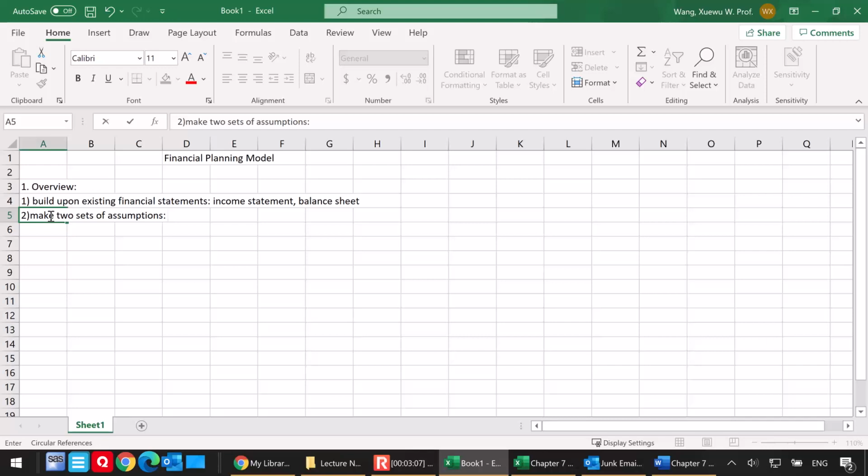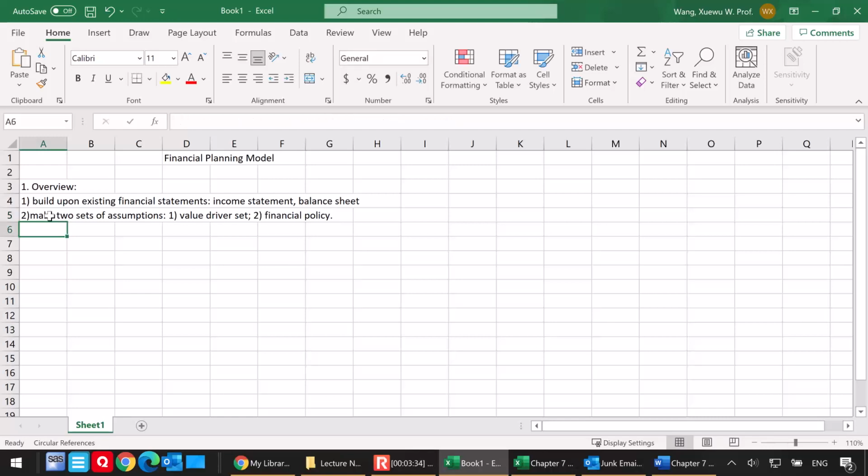Remember, I'm talking about two sets, so this is a lot of assumptions. The first set is the value driver set, and the second set is the financial policy set. Don't worry, we're going to talk about them in great detail in a second, because we need to build these assumptions into our model.